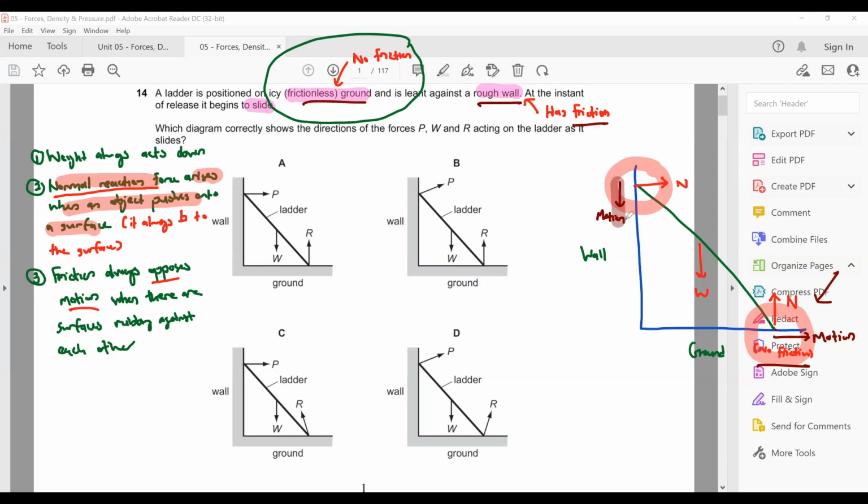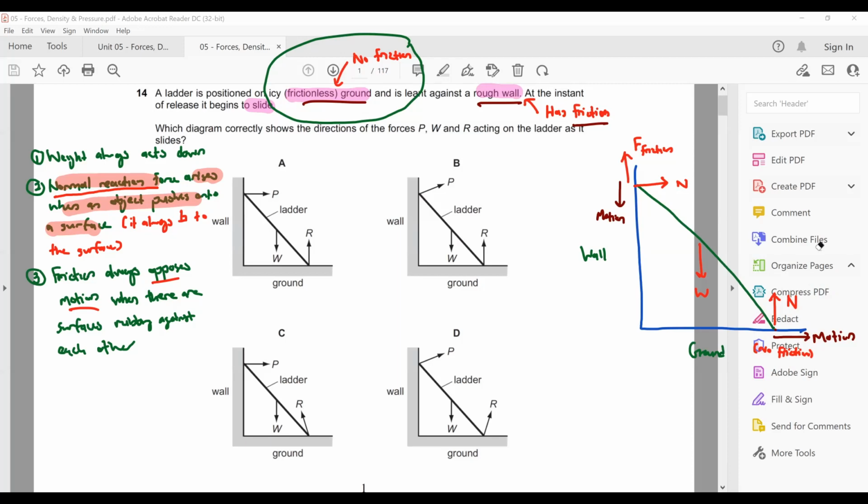If my motion is downwards for the ladder, friction must oppose my motion. So my friction should actually be acting upwards. This is my force of friction. Okay, so far can you follow what I'm talking about?